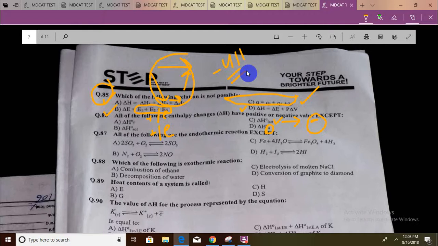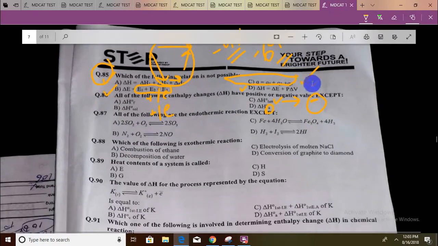And the value of this formation is negative 692. There is the formation of water, which is minus 285.58 or minus 286. These are important formation values.